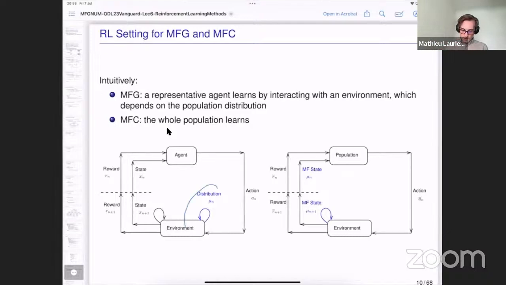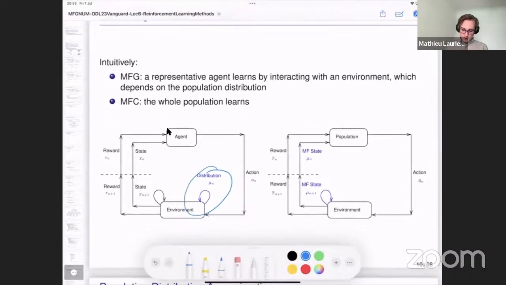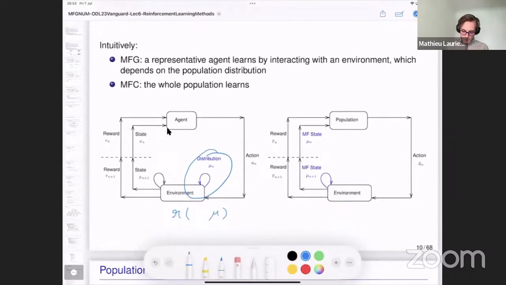So the distribution will be somehow part of the environment because it will be involved in how you compute the reward and maybe how you compute the transition kernel, but it will not really be necessary for the agent to observe it if we follow the strategy of looking for decentralized policies. Remember, that's one of the advantages of mean-field games, at least without common noise, the plain standard mean-field games. It's enough to look for decentralized policies.